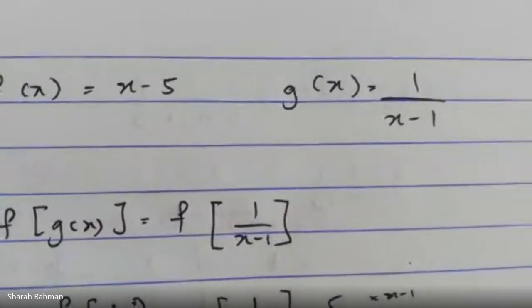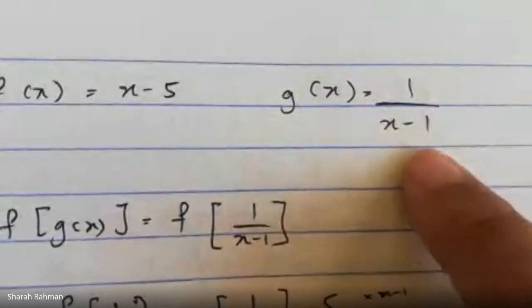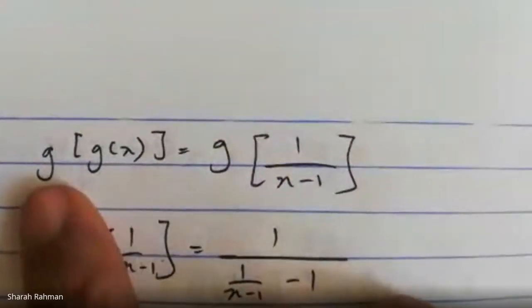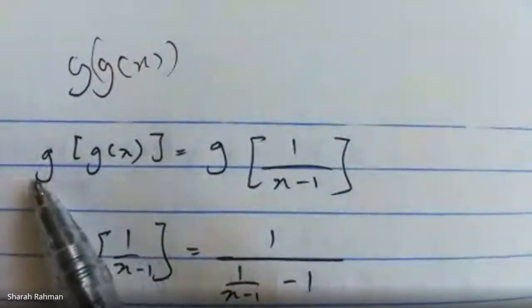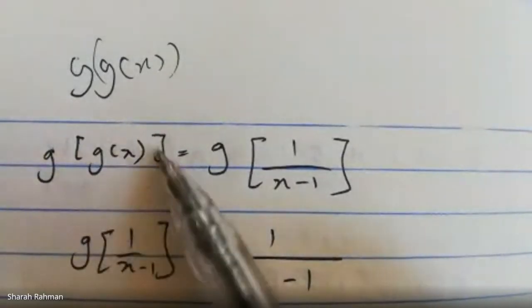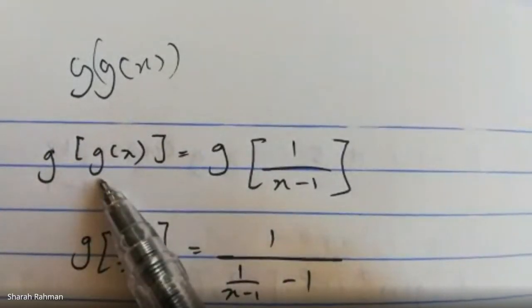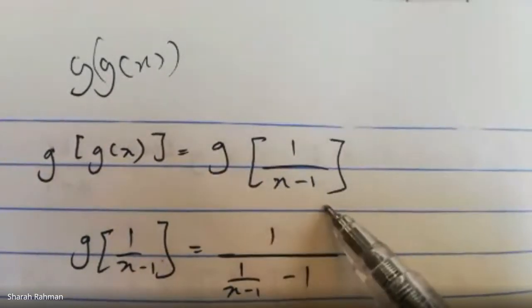So we want to find g squared. We have g(x) here, which is 1 over x minus 1. G squared means g(g(x)). We substitute this g(x) with the function given, which is 1 over x minus 1.